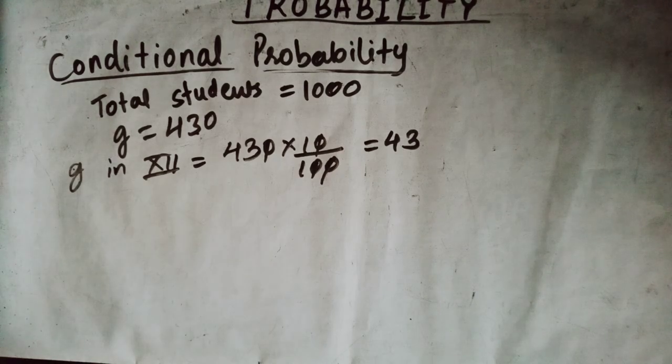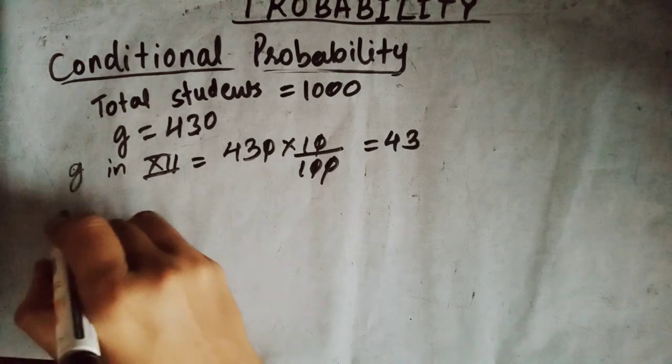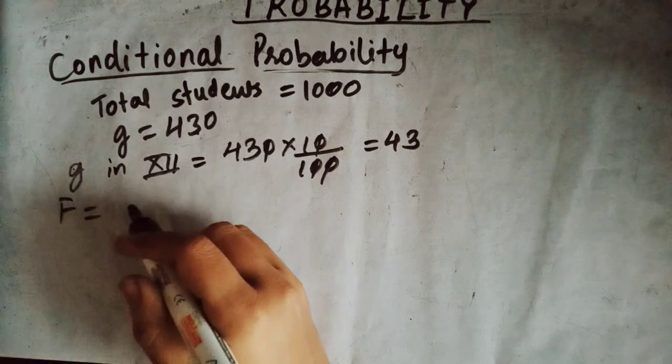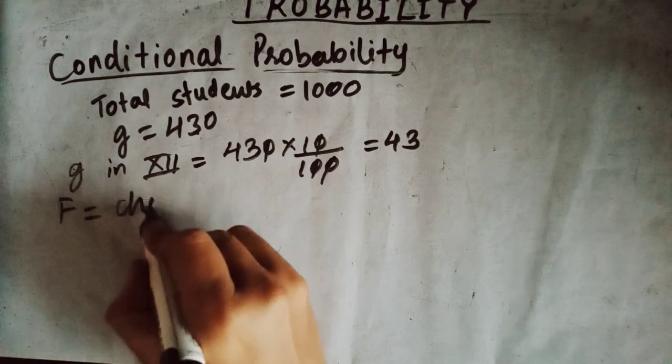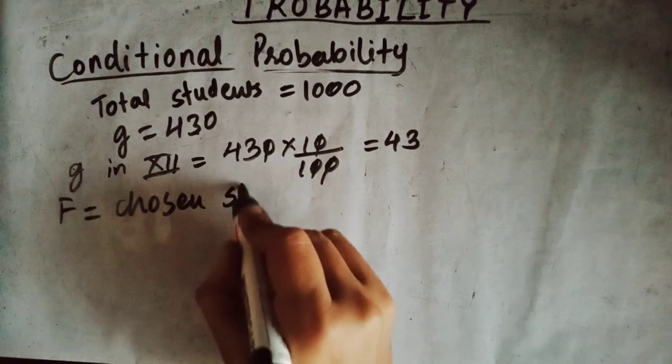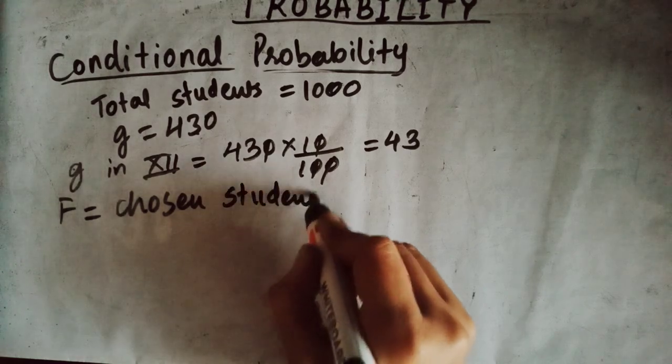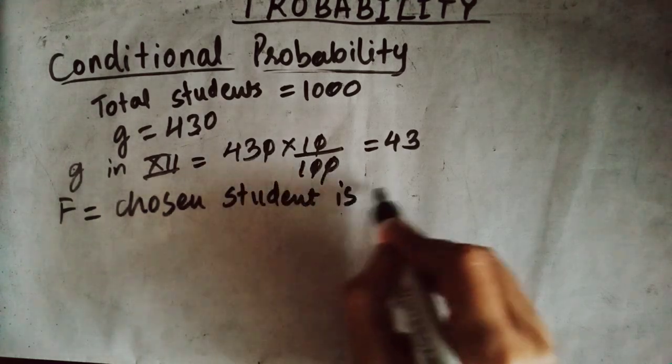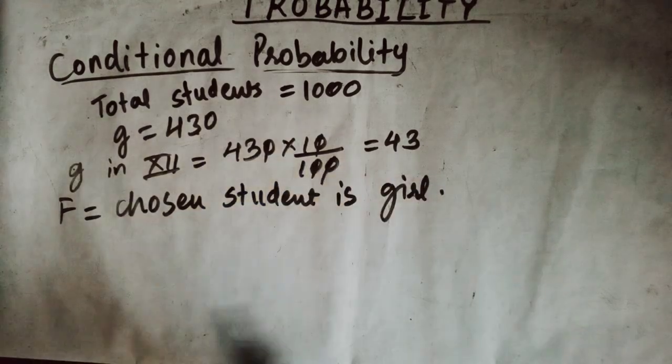What is the probability that a student chosen randomly studies in class 12 given that the chosen student is a girl? Okay, so given that means it becomes F event. So F event is the chosen student is a girl.